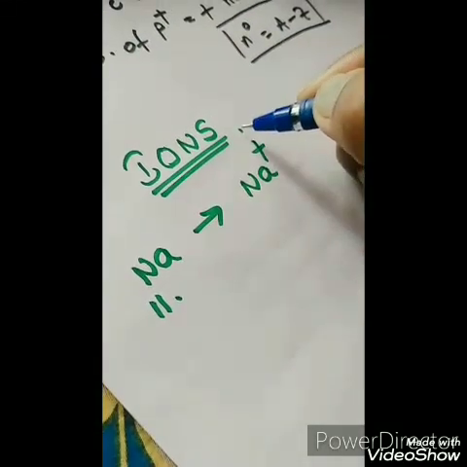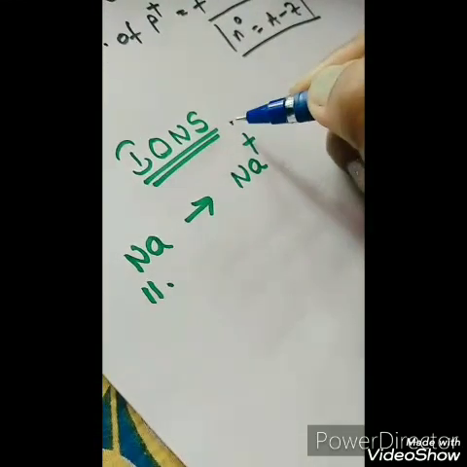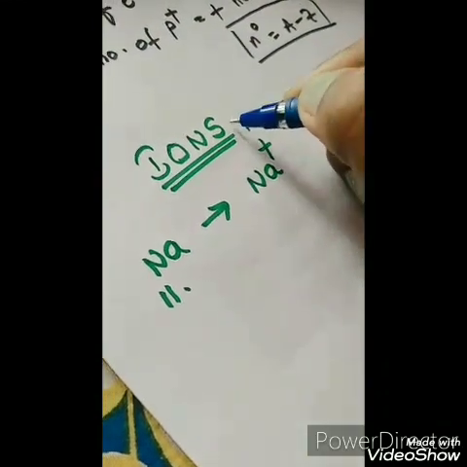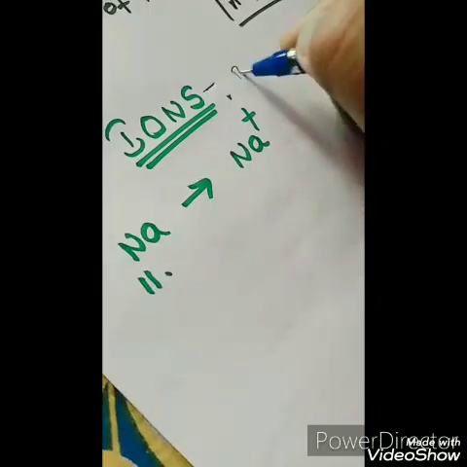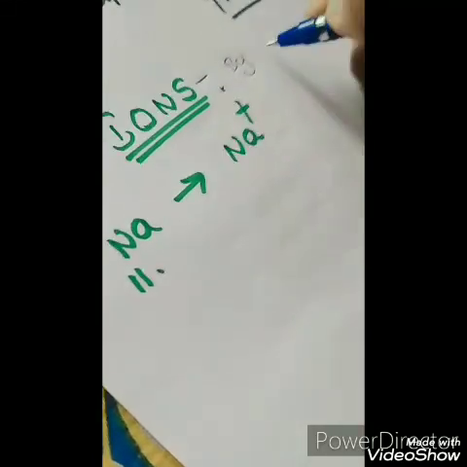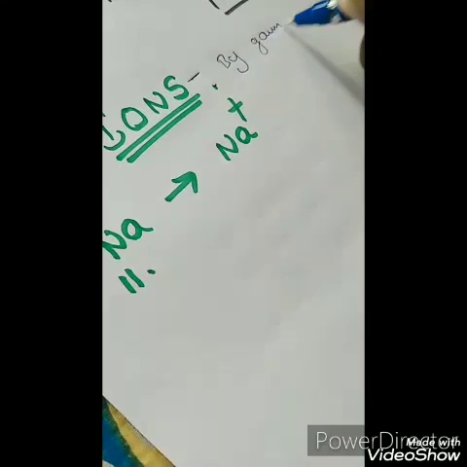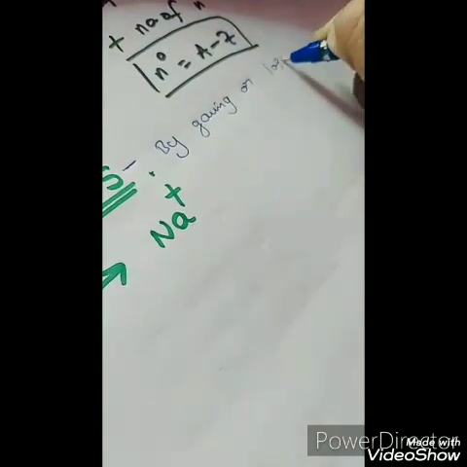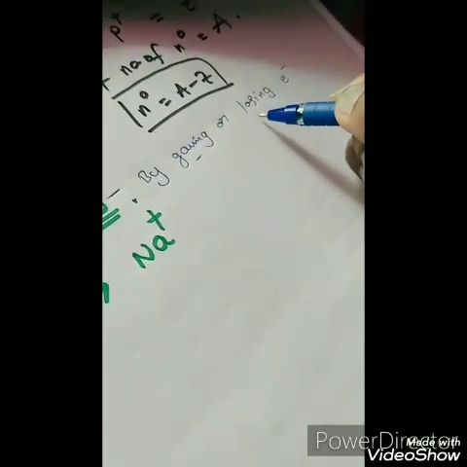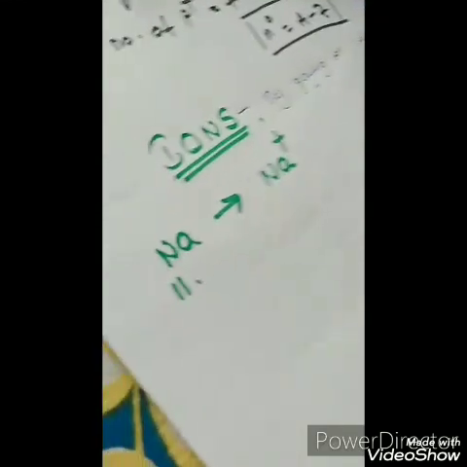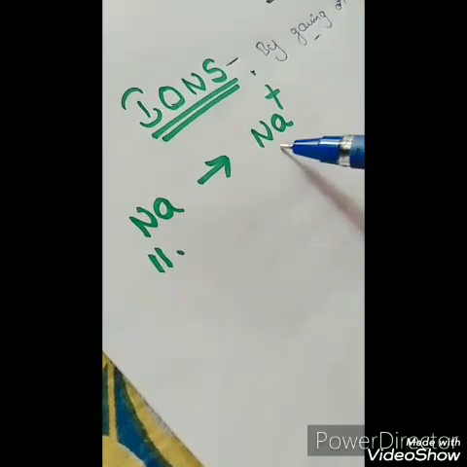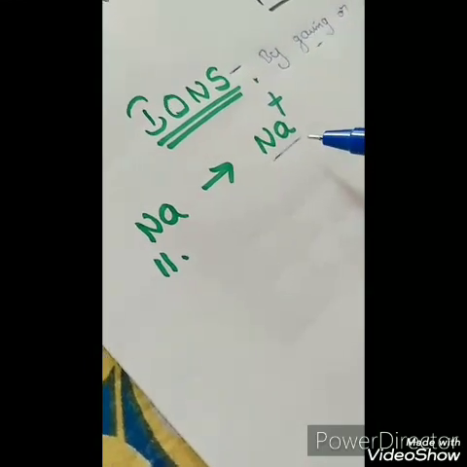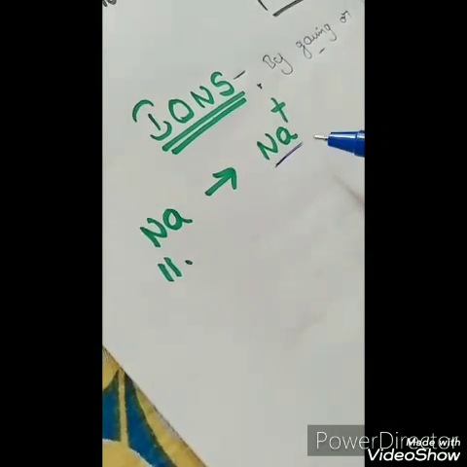Coming to ions, the definition of ions: ions are formed by gaining or losing of electrons. When an electron is gained or lost, then the formation of ions takes place. Here Na plus ion has formed.